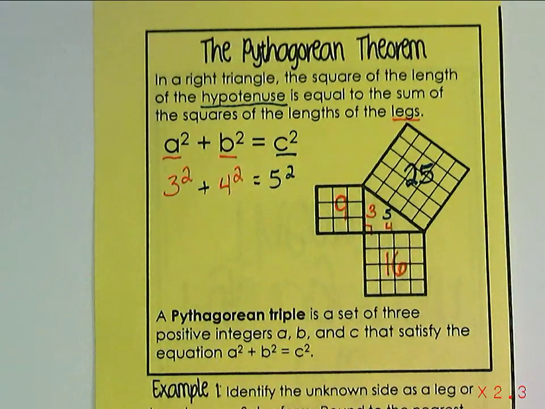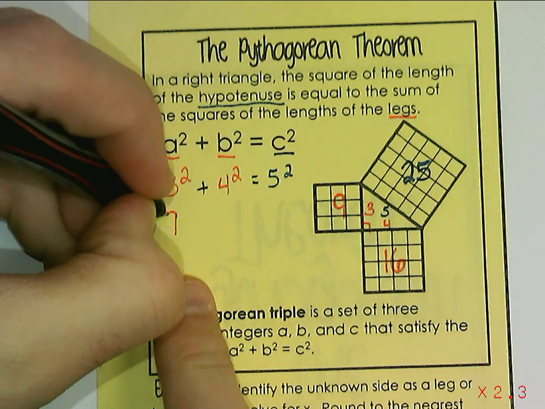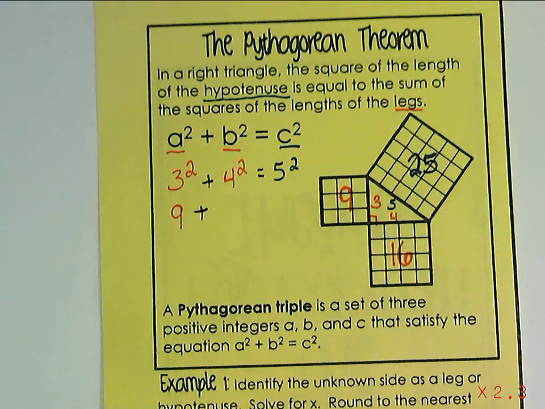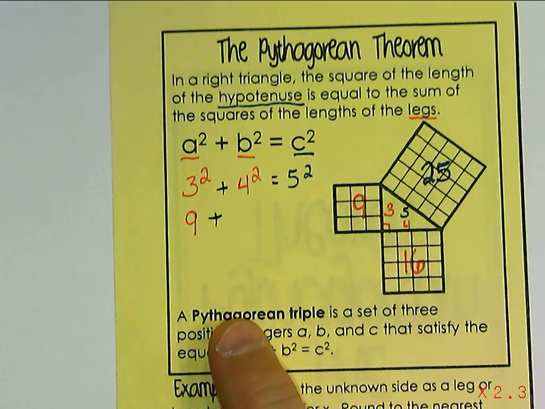Now if we actually square these, we can see that these two will be equal to one another algebraically and visually. So 3 squared is 3 times 3, so that's 9. And then plus 4 squared is 16, or 4 times 4.